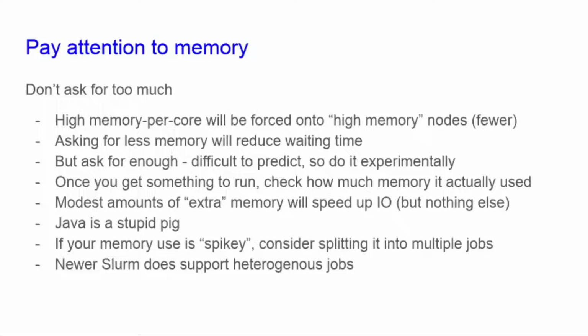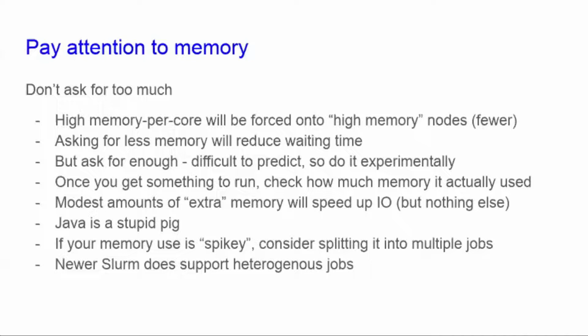If you ask for a large amount of memory per core, you'll be forced onto a subset of nodes within the cluster that have what we call high memory. These are nodes with, I think, 512 gigabytes to 3 terabytes of memory per node. And the threshold for that is between 12 and 16 gigabytes per core.